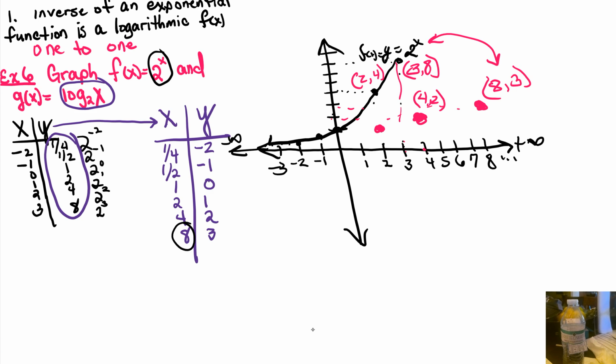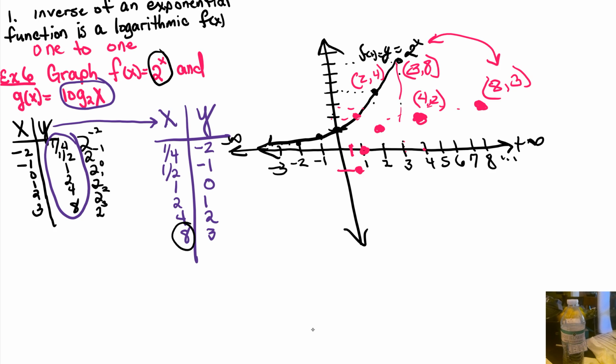And of course, when x is 1, y is 2, so I'm up here somewhere. That's another point. Those are reverse of each other, inverse of each other. When x is 1, y is 0. When x is -1, I'm at about a half. So actually, when x is a half, I should be at -1, so I'm here.